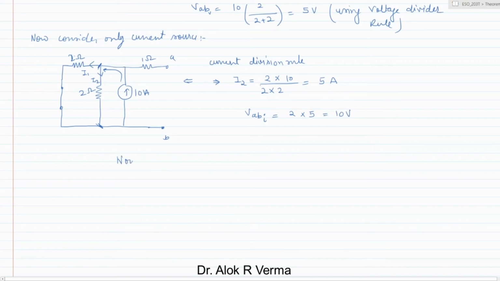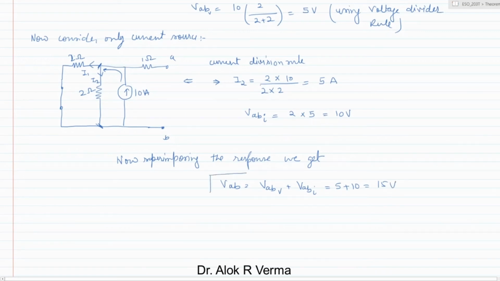Now superimposing the response, we get VAB due to the voltage source plus VAB due to the current source. 5 plus 10 is nothing but 15 volt.